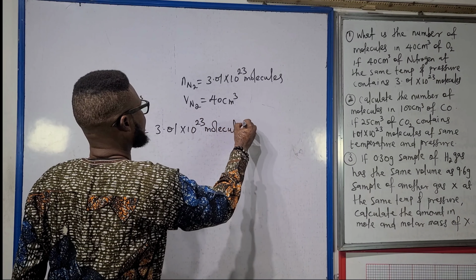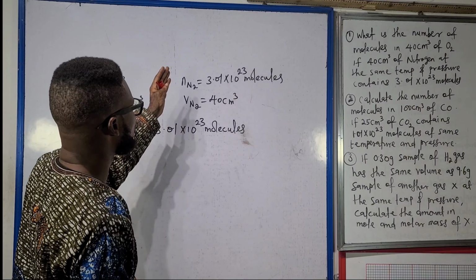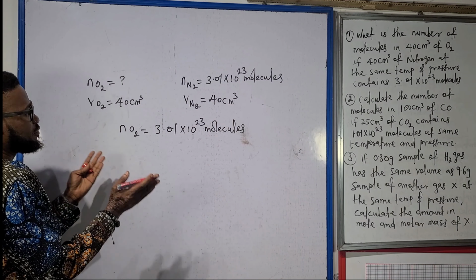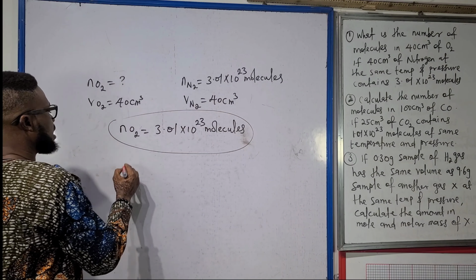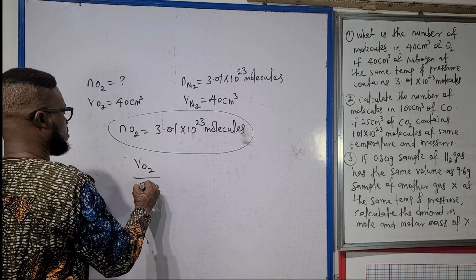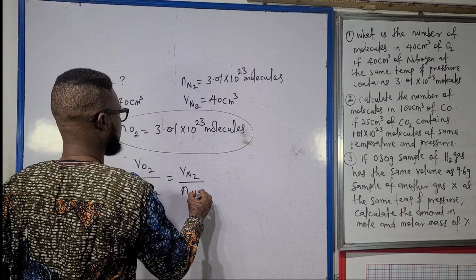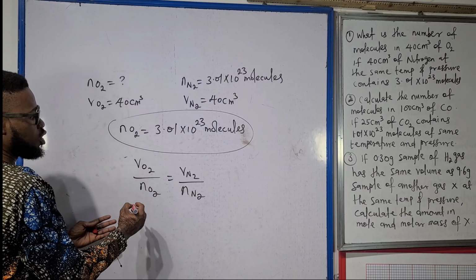It's a very simple and direct thing. If the volumes are the same, then the number of molecules they contain will also be the same. But if you're not content with that, then you can go: volume of oxygen divided by number of molecules of oxygen equals volume of nitrogen divided by number of molecules of nitrogen. Of course, what this means is the volume of oxygen here is 40, the number of molecules of oxygen is what you're looking for, the volume of nitrogen is 40, and the number of molecules here is 3.01 times 10 raised to power 23.